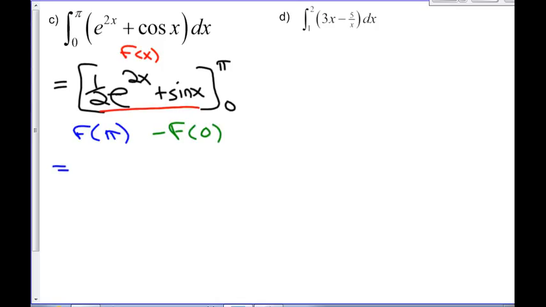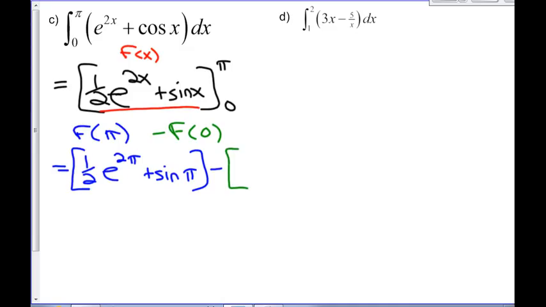Equals, well, that'll be 1/2 e to the 2 pi plus the sine of pi, minus big F at 0. And you could have used rounded brackets if you prefer. 1/2 e to the 2 times 0, that's just 0, plus the sine of 0.